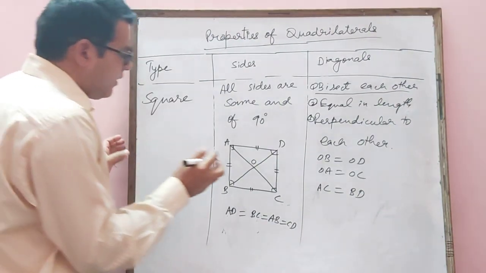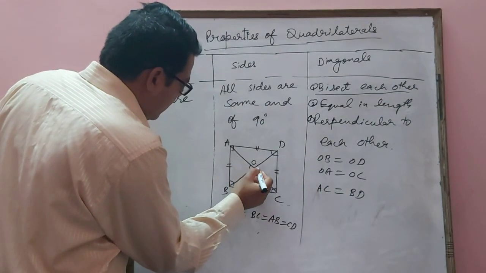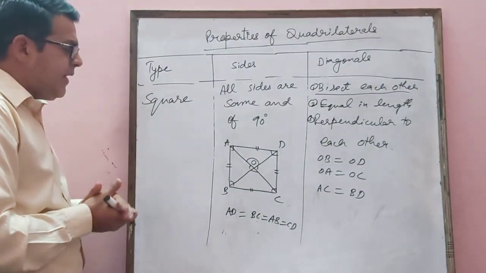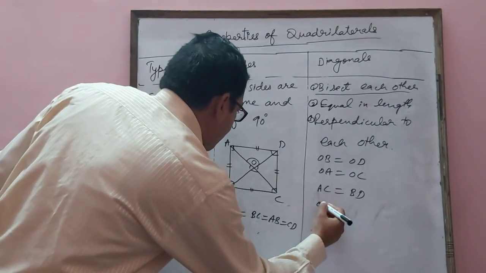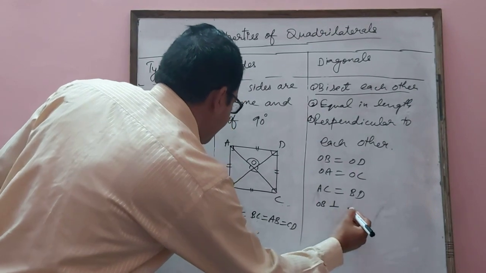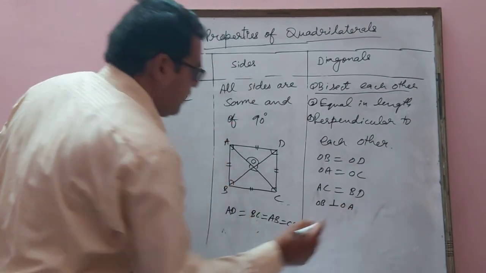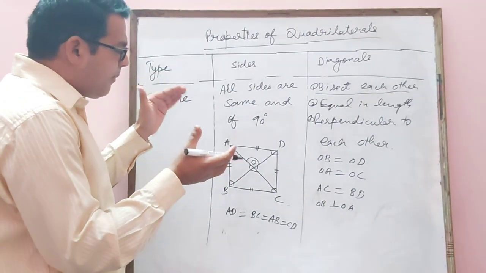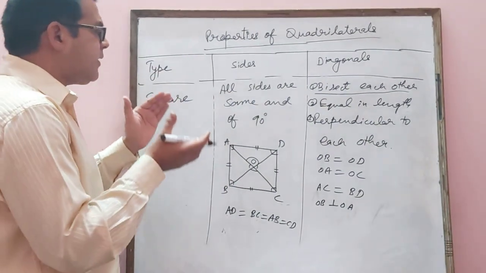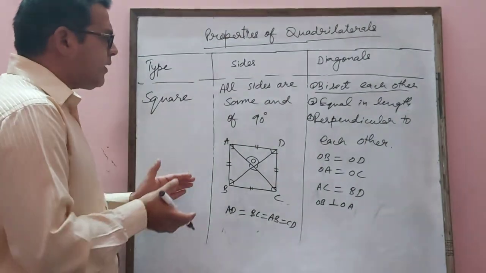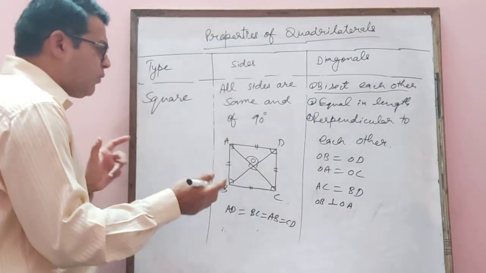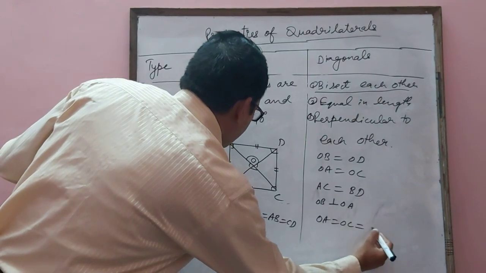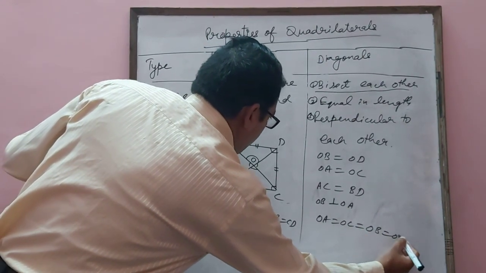Meaning they meet at 90 degrees. It means we can say that OB is perpendicular to OA. So since diagonals are bisecting each other, diagonals are equal in length and diagonals are perpendicular to each other, it means we can say that OA equals OC equals OB equals OD.